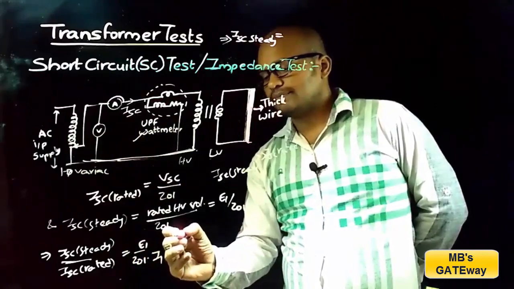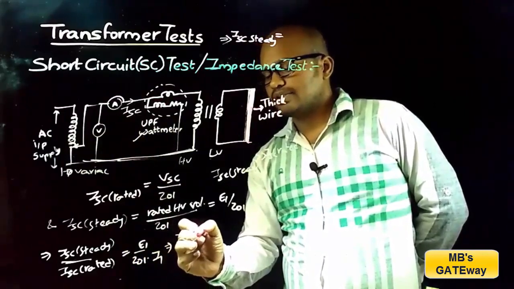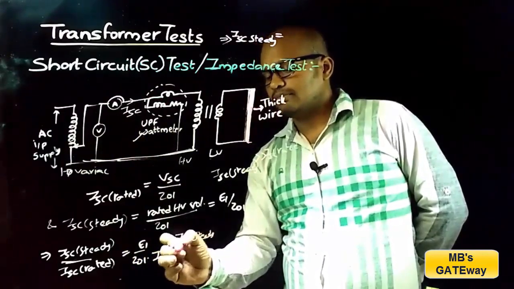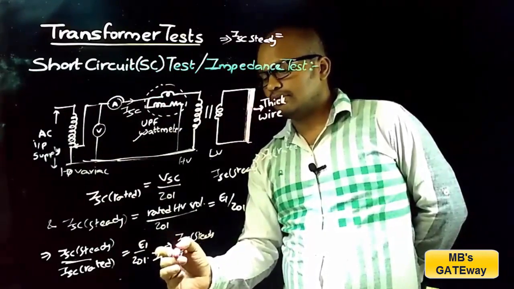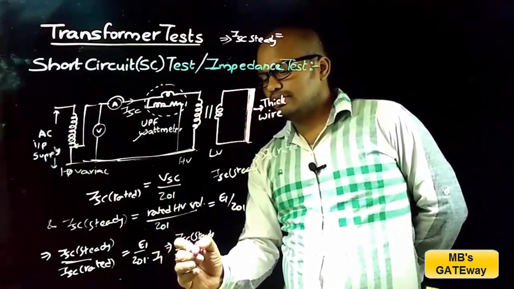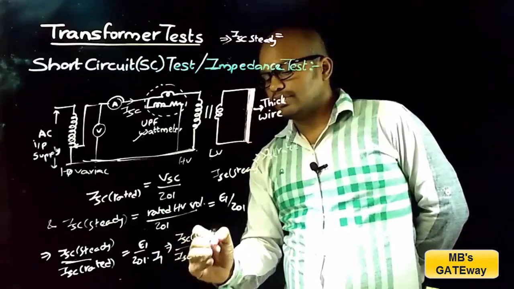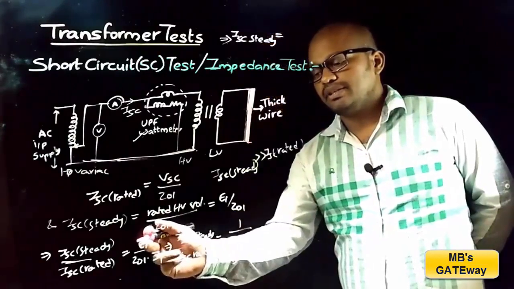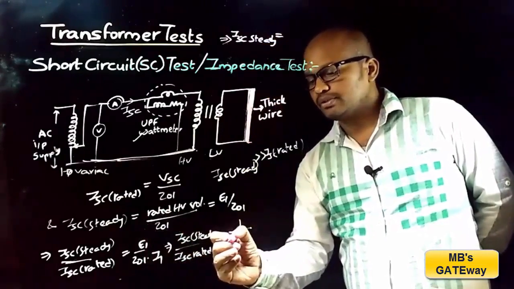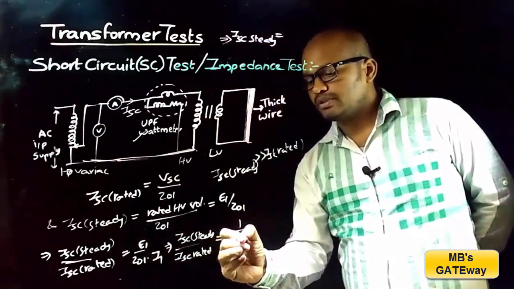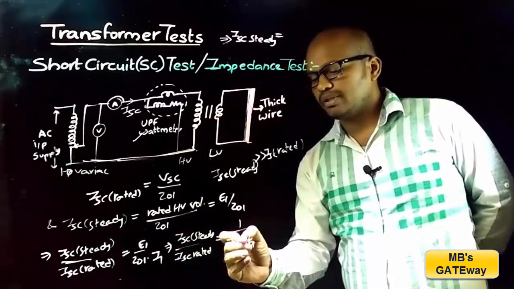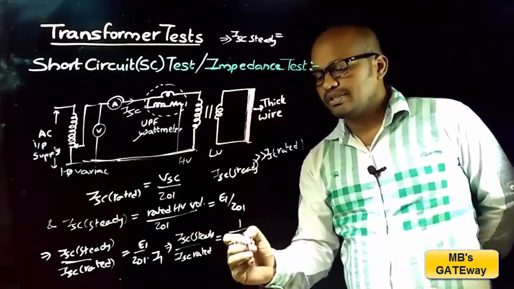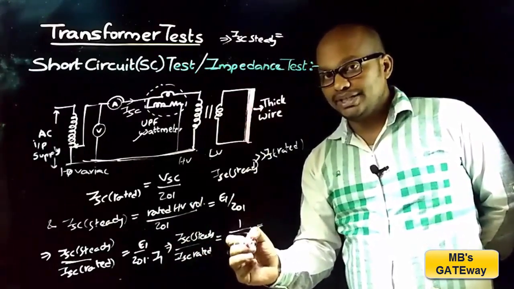That implies ISC steady by ISC rated is equal to 1 by, and here I am taking E1 to the denominator, so I1 Z01 by E1, and this represents the per unit impedance drop.